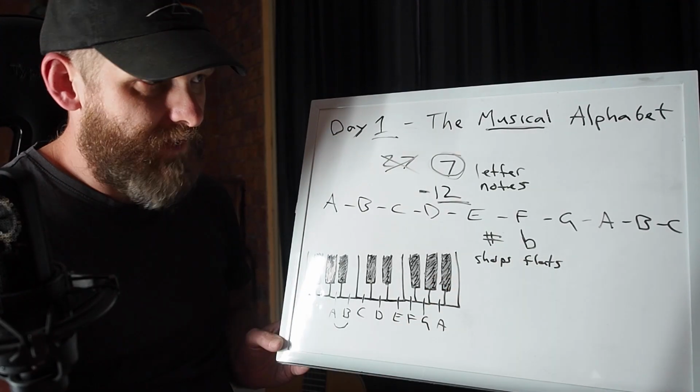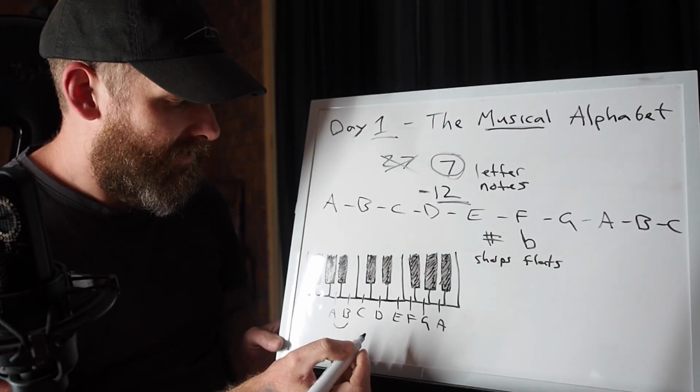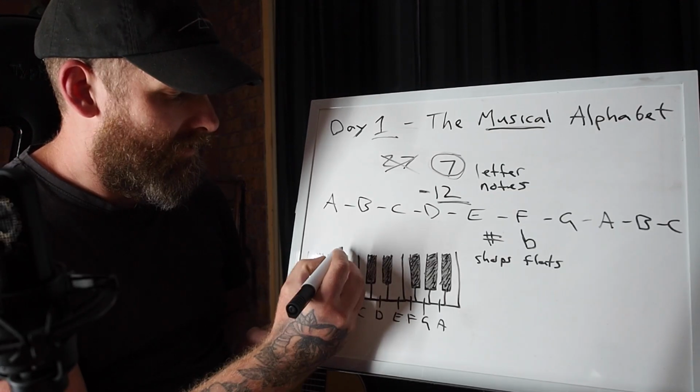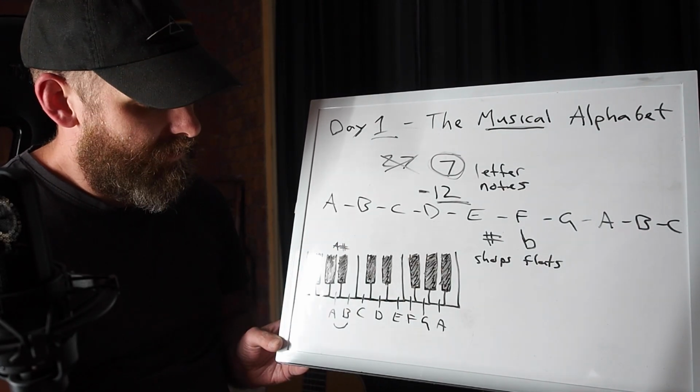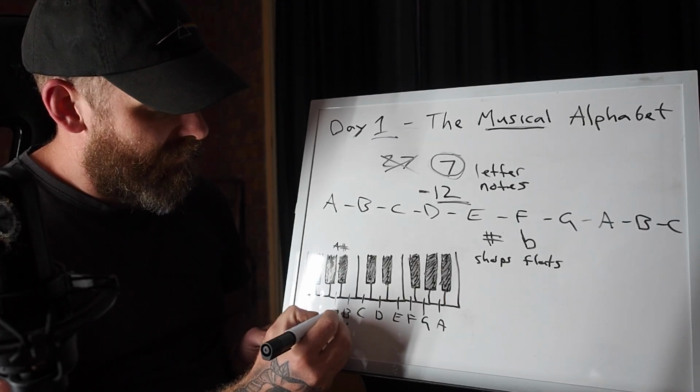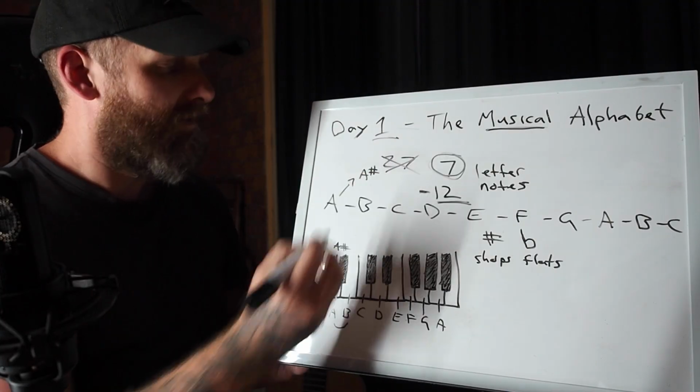Now, the way sharps and flats work, it's pretty simple. A can move up to A sharp. So the A note moves higher to A sharp. Okay.